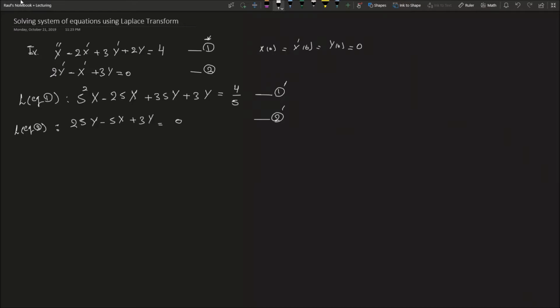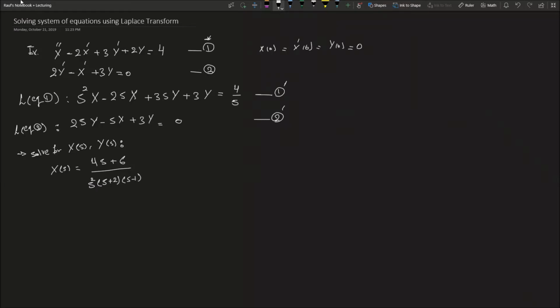Now, of course, what you're going to do is solve for X of s and Y of s. You want to keep them on the left hand side of the equation and the rest on the right hand side. In this case, X of s, after doing a little regular mathematical manipulation, will give you 4s plus 6 over s squared multiplied by s plus 2 multiplied by s minus 1.